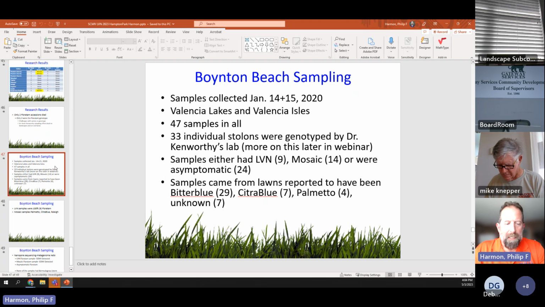I think the vast majority of the communities have taken an approach of piecemeal replacement of common areas and lawns as they become severely affected, and that generally includes a scouting regime.